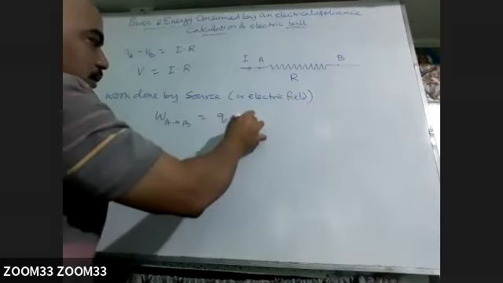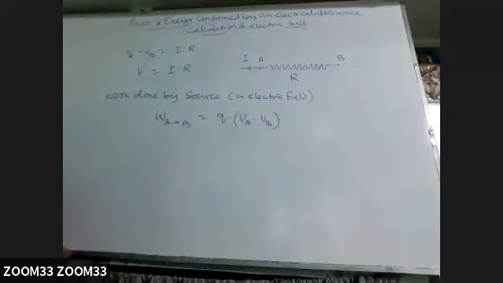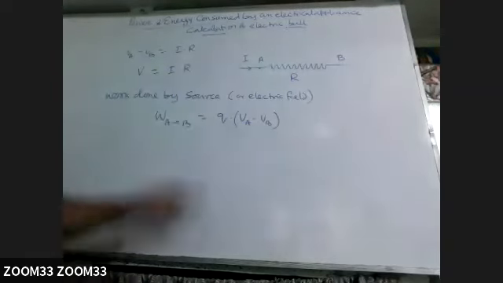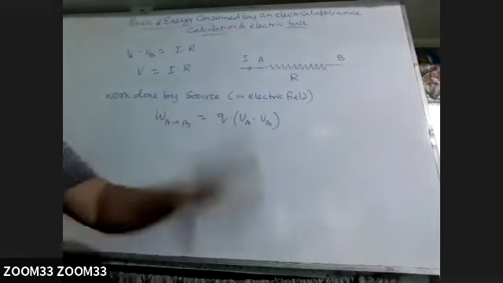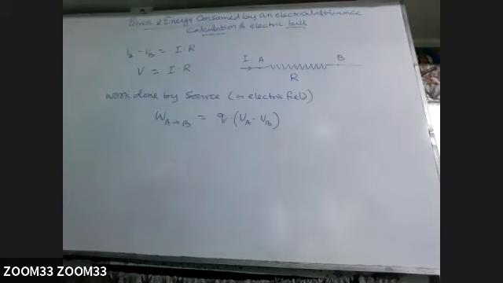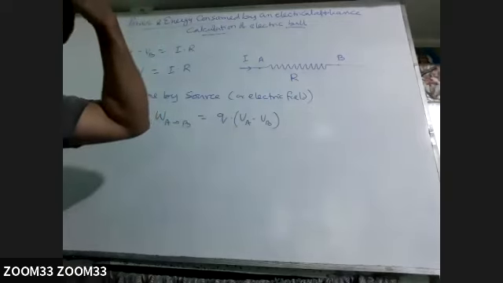Charge into potential difference between A and B. In case of external agent, it is VB minus VA. We are interested here in the work done by the source, because the source is giving energy to the appliance. That's why for A to B, VA minus VB will come. Got the point?